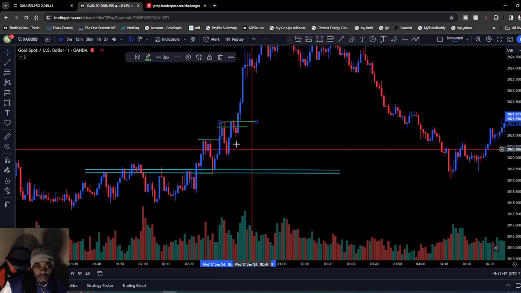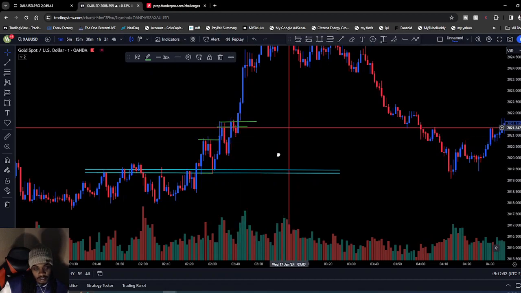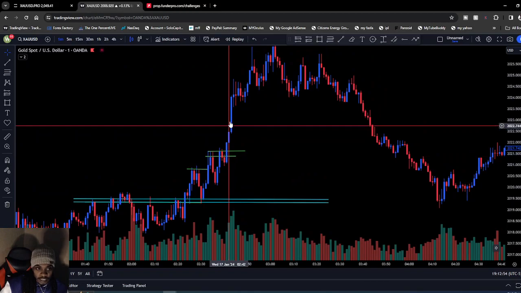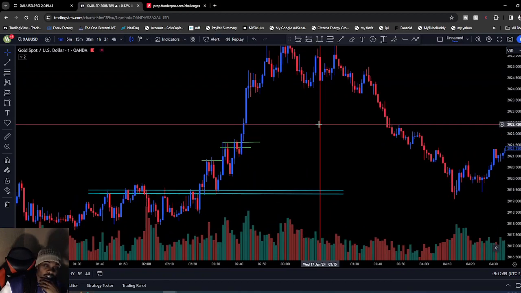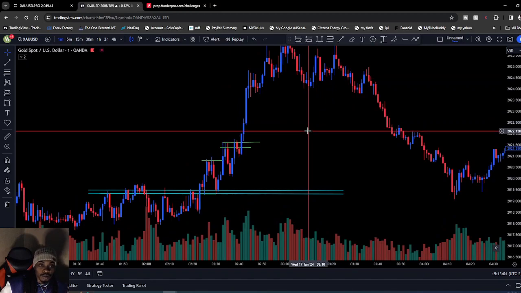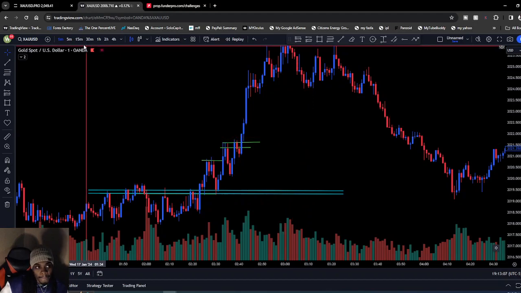When it breaks it again, move it below this wick, move it below this structure, and just trail it like that. So by the time you're up here, if it's moving like this, a way you could trade it is by doing the candle lows of each candle body. Because if it's not making structure, then that's all you have to go off of.